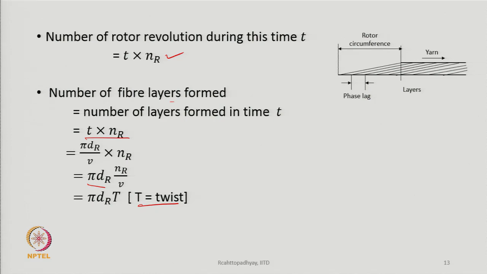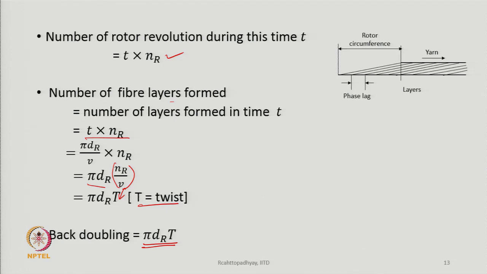So, this part is actually T. So, pi dr T is the number of layers which are formed, and that many layers will then get transformed into a yarn. So, the back doubling formula therefore becomes pi dr T or pi dT, whatever way we want to say.